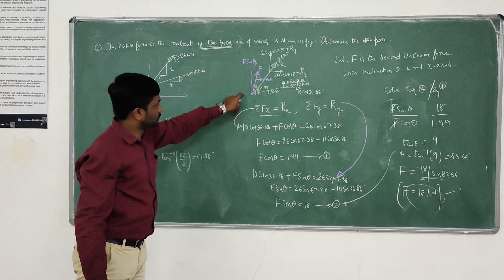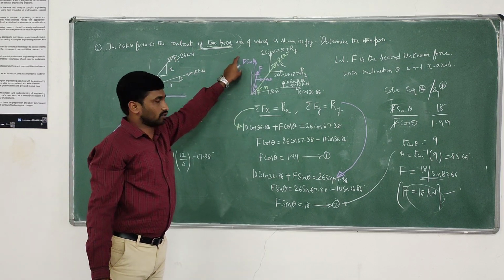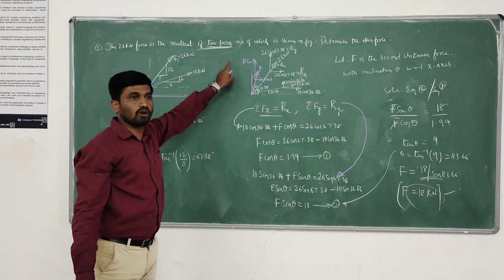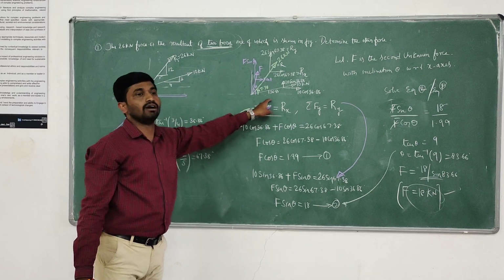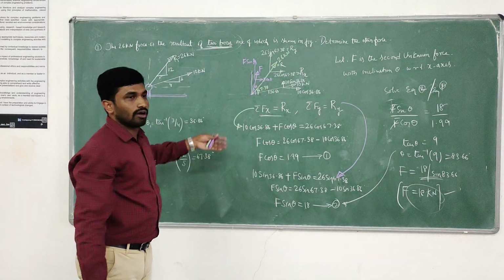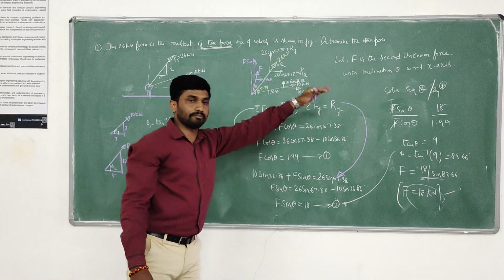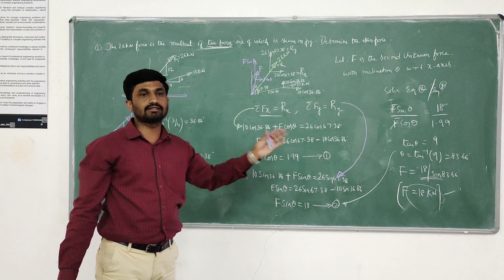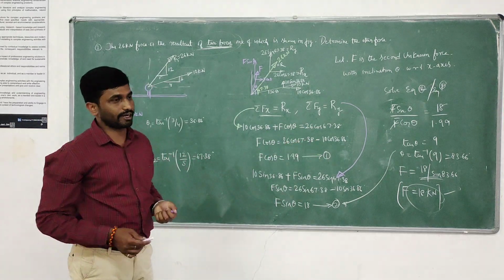The unknown force we have assumed. There is no rule: you can assume it in the second, third or fourth quadrant, or in x direction or y direction. Whatever you assume, carry the problem through and solve for the second unknown force and its inclination. This is the second variety of problem.